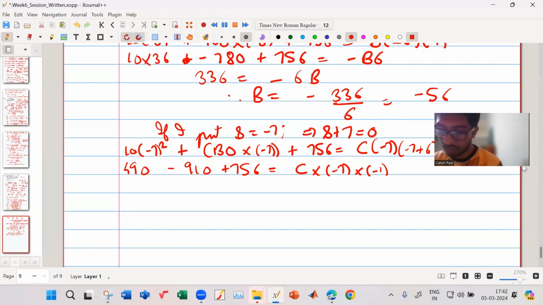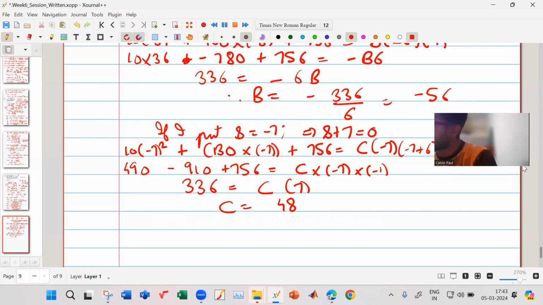So what is 490 minus 910 plus 756? That also comes out to be 336 is equal to C into 7, because minus and minus becomes plus. So my C will become equal to 336 divided by 7. That comes out to be C is equal to 48. All right.